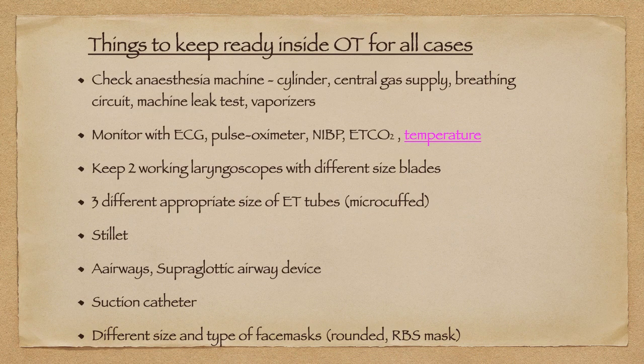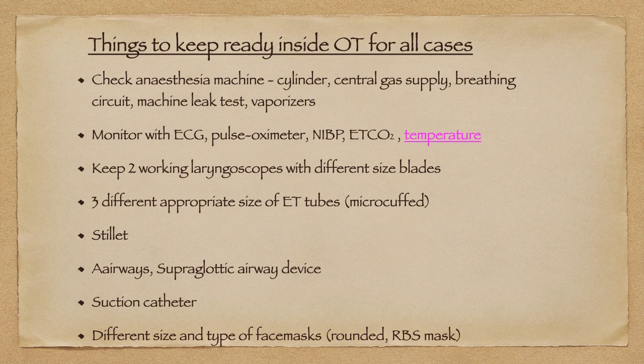Things to keep ready inside the OT for all cases. Check the anesthesia machine, cylinder, central gas supply, breathing circuit, machine leak test, vaporizer. Monitors: ECG, pulse oximeter, NIBP, ETCO2, temperature. Keep 2 working laryngoscopes with different size blades, 3 different appropriate size endotracheal tubes, preferably microcuffed.